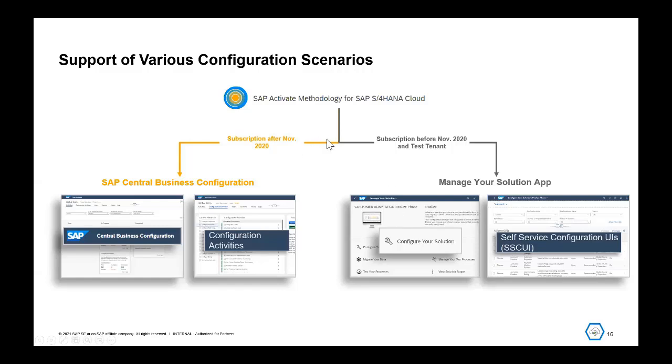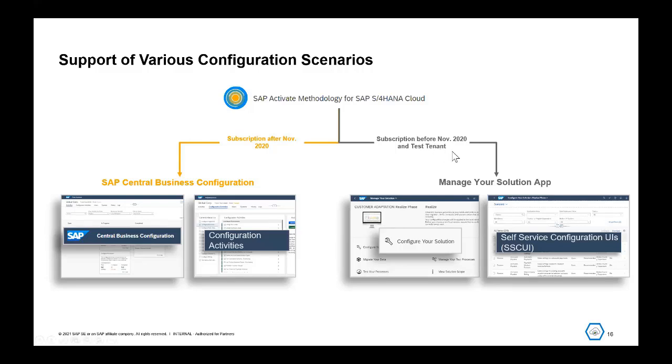The first scenario it supports is customers with subscriptions after November 2020, which is this orange-ish branch to the left. This is for all those customers that will be using Central Business Configuration as a tool for configuring SAP S/4HANA Cloud.